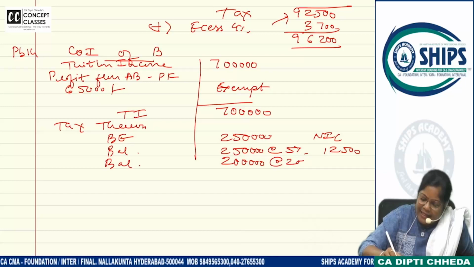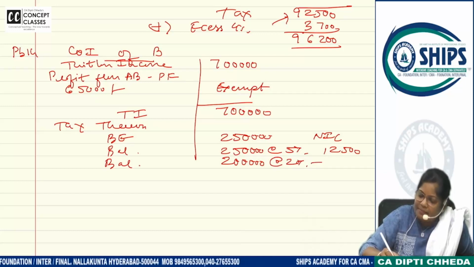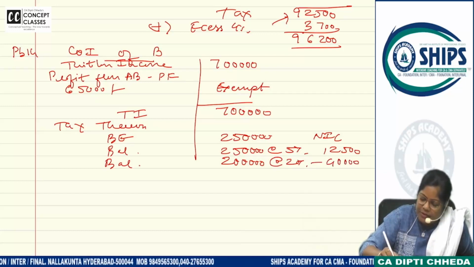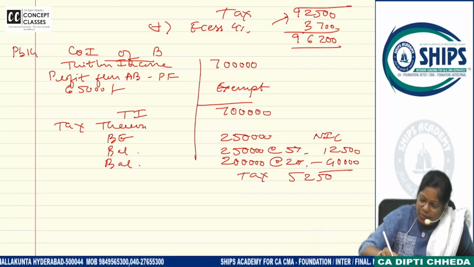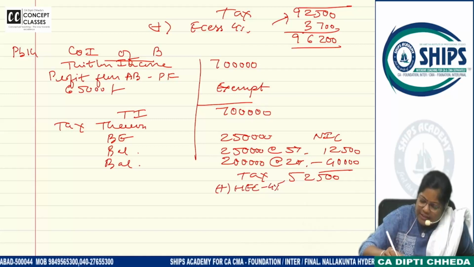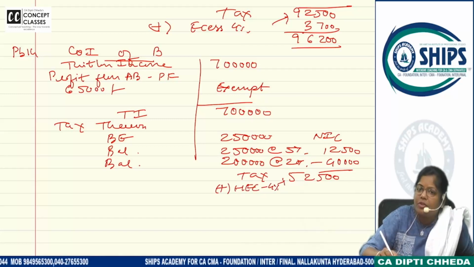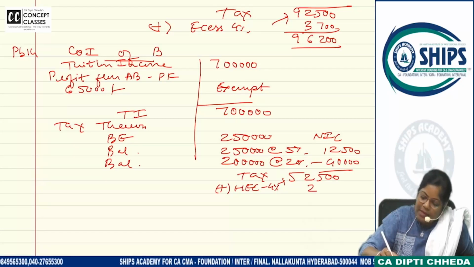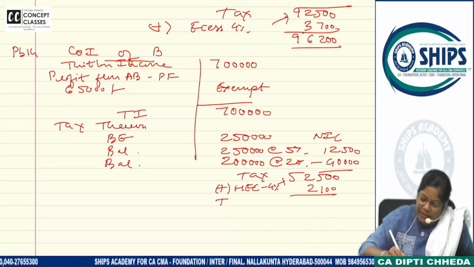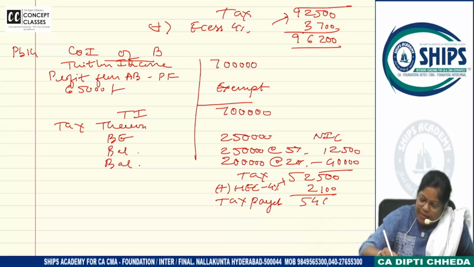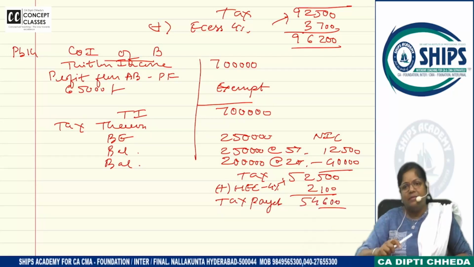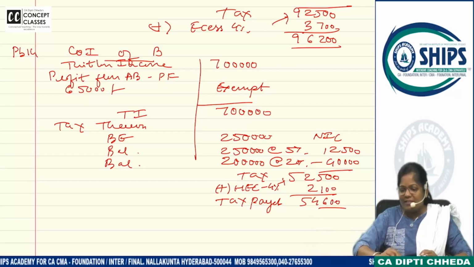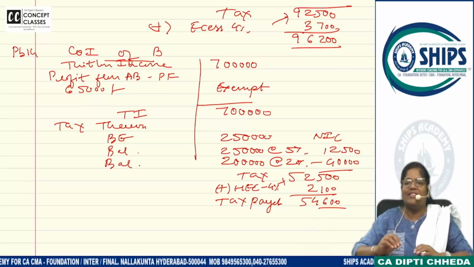It is directly 20%. कितना? 40,000. So the tax is coming to 52,500. And on that education cess is there 4%, that comes to 2,100. So the tax payable is coming to 54,600. Clear?